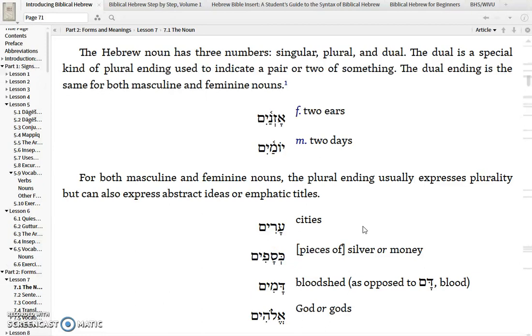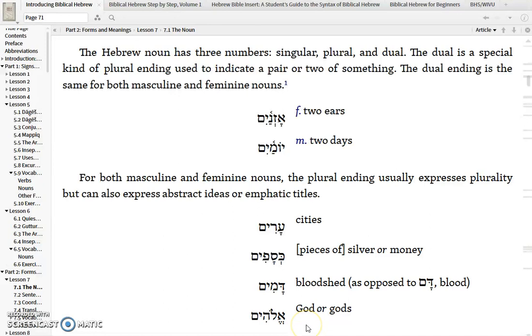This can mean just a bunch of individual cities, but it could mean cities as an abstraction. And then here you have silver kesef, and the plural is kesefim, and it means pieces of silver or pieces of money. And then you have damim is blood. Plural would be bloods, literally, but it can mean bloodshed in the plural.